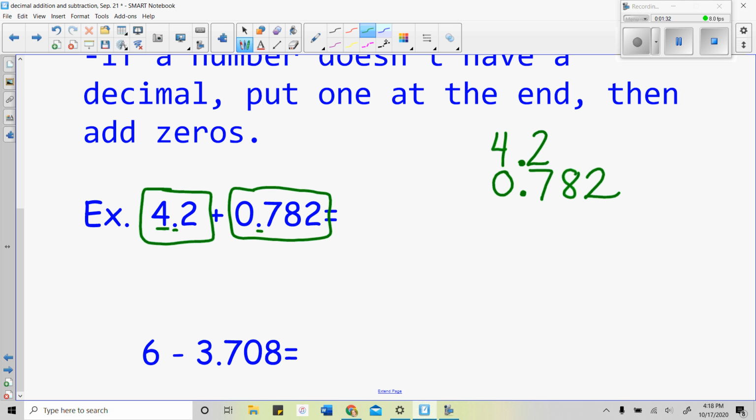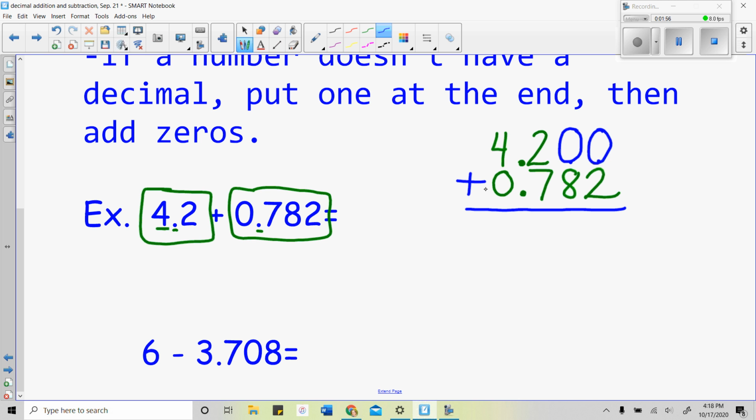Now you'll notice when I do this, they do not line up on the right because they do not go to the same place. The first number stops at the tenths place and the other number stops at the thousandths place. So in those two vacant places on top of the 8 and the 2, I'm going to fill in zeros. And now my number does line up on the right.